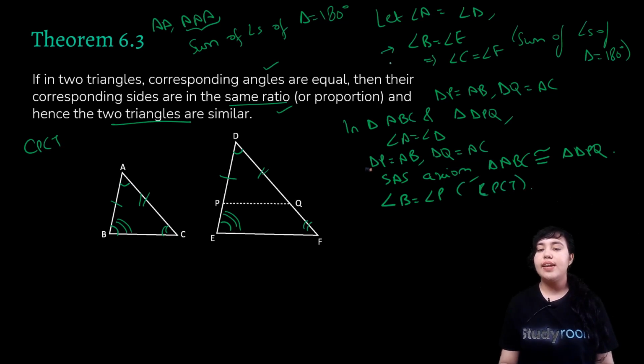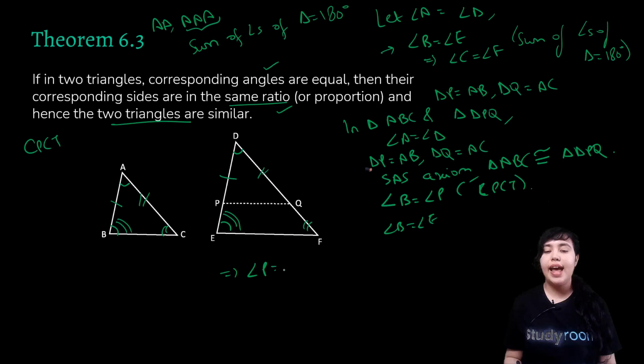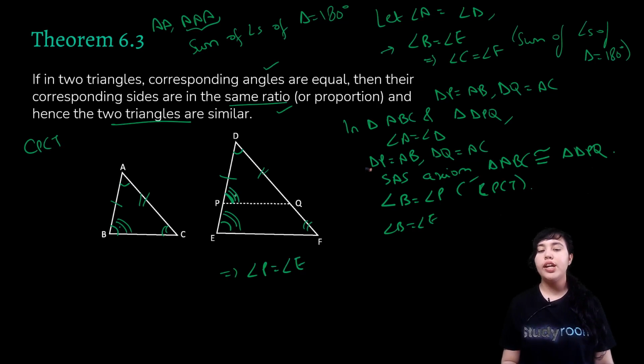But here I said that angle B is equal to angle E. So I can basically say that angle P and angle E are equal. So this angle and this angle turned out to be equal. By congruency we prove this and this are equal. This was already taken to be angle equal to angle E. So P and E angles are equal.